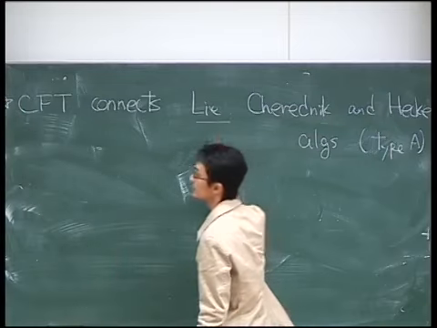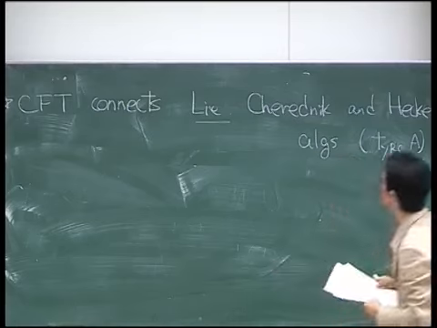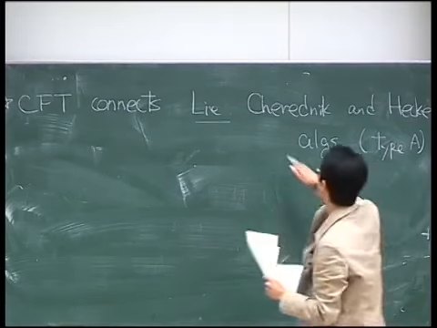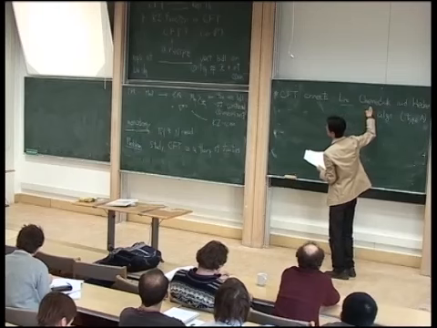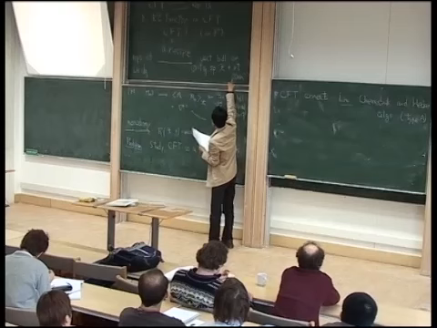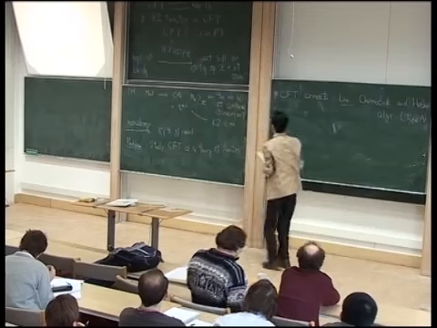So the Lie algebra appears here as an algebra of the symmetry of the model. And the Cherednik algebra, which has appeared in several talks, is related to the algebra of differential operators. So it is related here to some connection, the KZ connection.